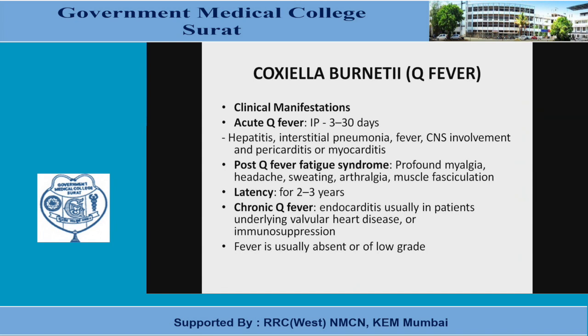Post-Q fever fatigue syndrome, profound myalgia, headache, sweating, arthralgia, muscle fasciculation. After a latency of 2 to 3 years, chronic Q fever is seen, associated with endocarditis, underlying valvular heart disease, and immunosuppression.